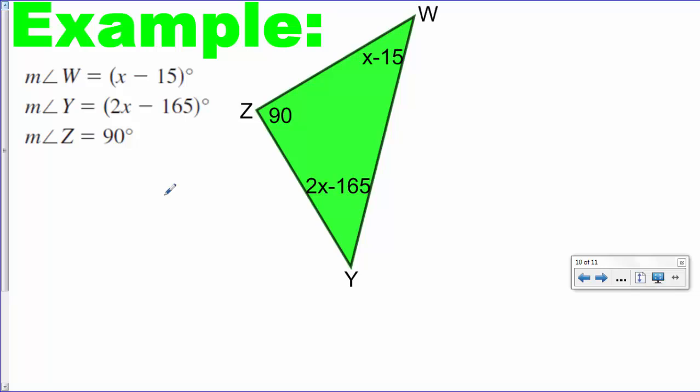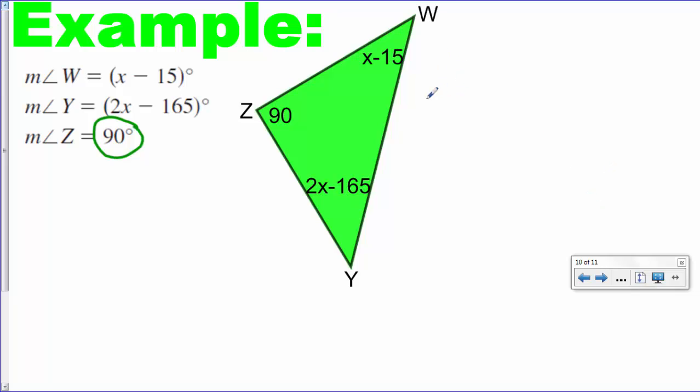Let's take a look at examples for solving with triangles. Here's an example of 3 angles given in a triangle. I drew a triangle, marked the angles according to what's listed. We know that Z has to equal 90, so I know that it's a right angle at Z. To solve this, there are 2 ways.